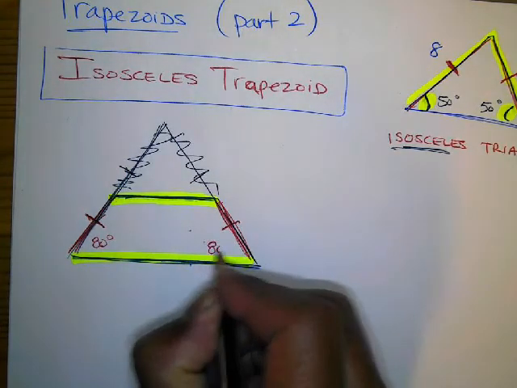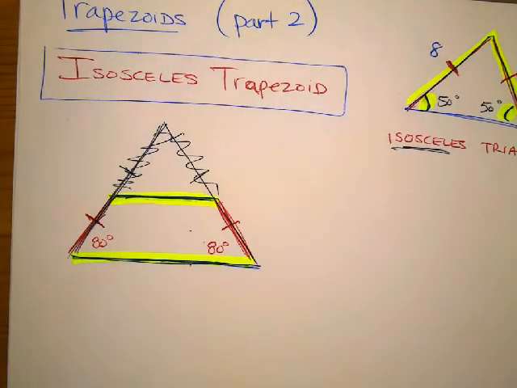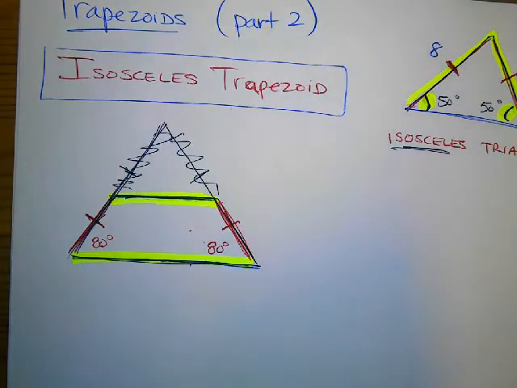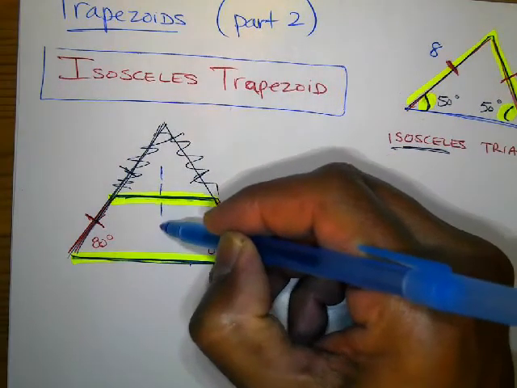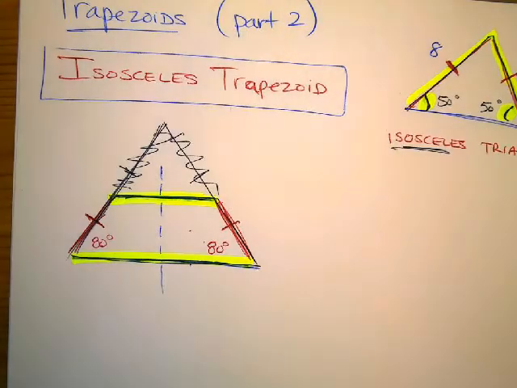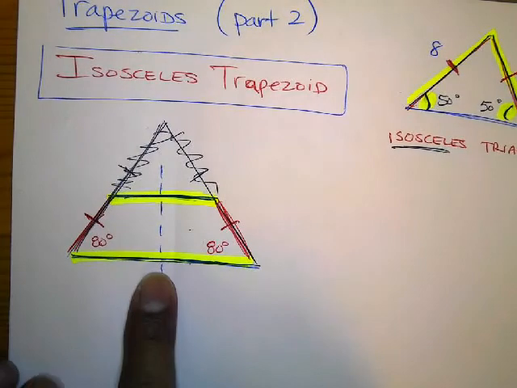But if this is 80 degrees, then this one will be 80 degrees. You can think of it like this: think about symmetry. If you were to cut it right down the middle, you'd be able to fold it over and it'll overlap perfectly.